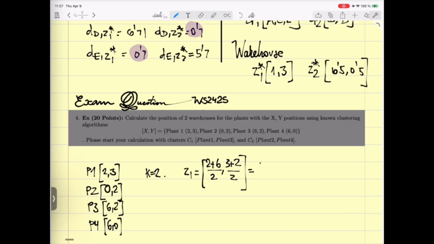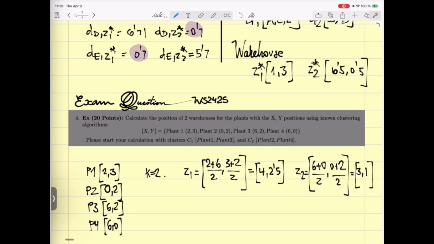So the first cluster is the point 4 and 2.5, and the second centroid is 6 plus 0 divided by 2, and 2 plus 0 plus 2 divided by 2. So this is the point 3, 1.